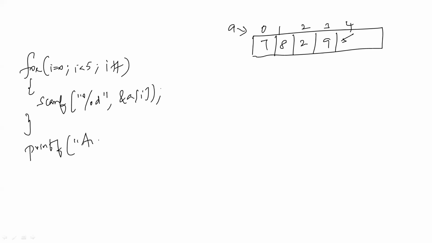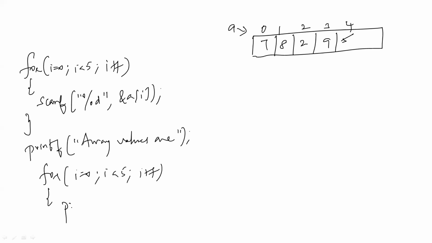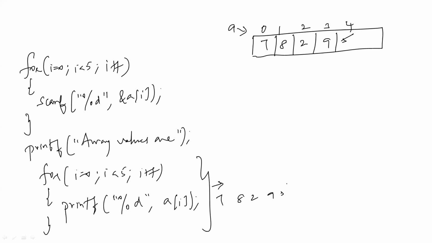Now, printf array values are. So for I equal to 0, I less than 5, I plus plus. So what will this do, sir? Very, very simple. It will print like this. 78295 will be printed.